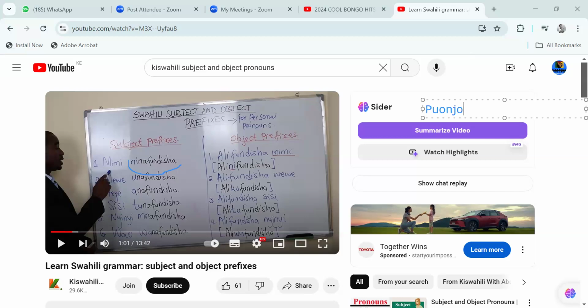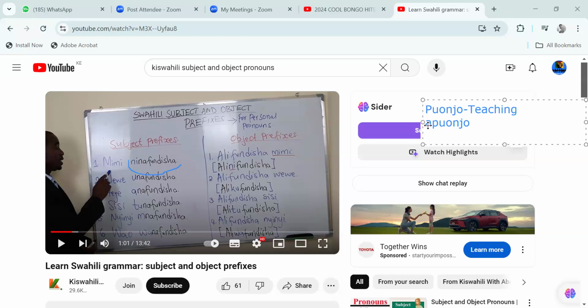Puonjo means teaching. But in my language, when you want to say, I am teaching, you say apuonjo. So you see, the a now becomes the prefix ni, apuonjo.